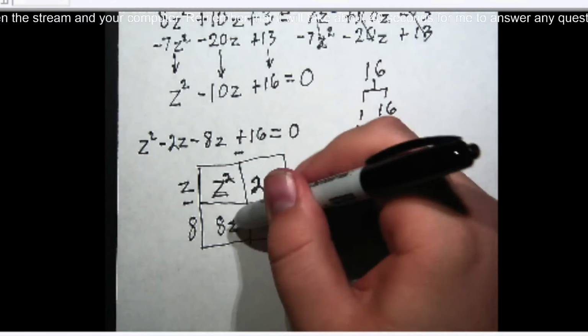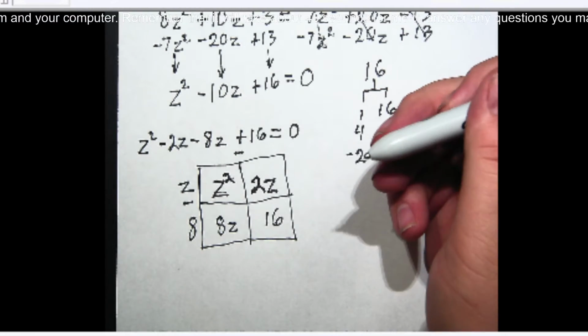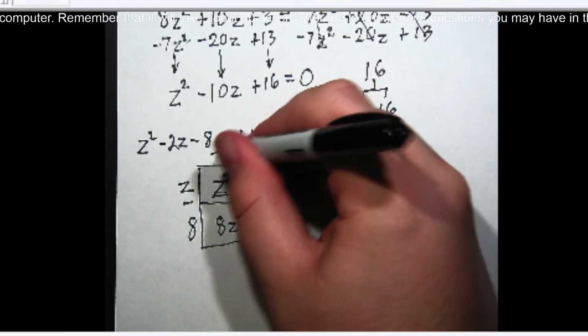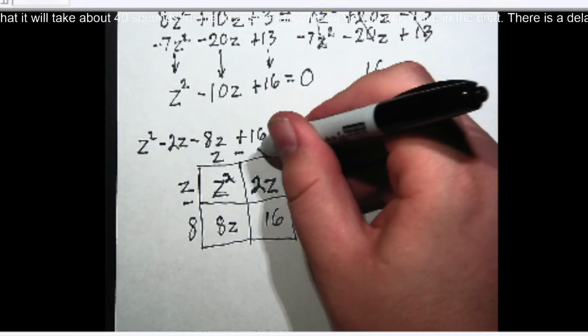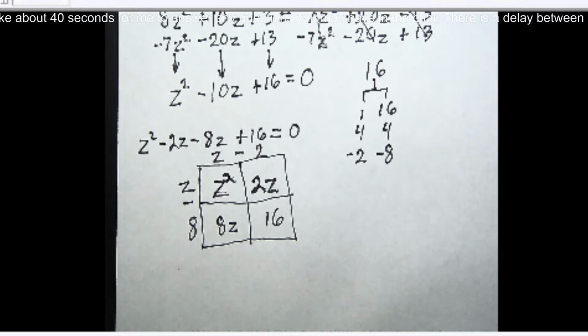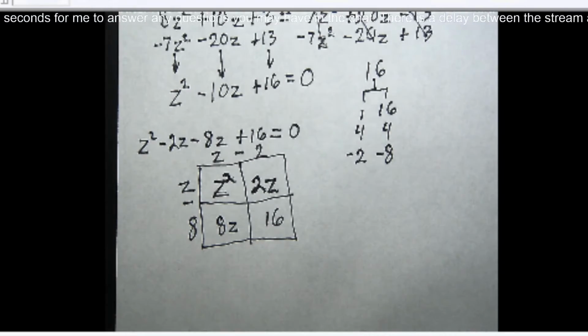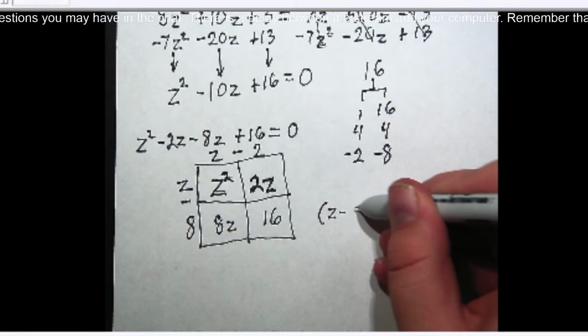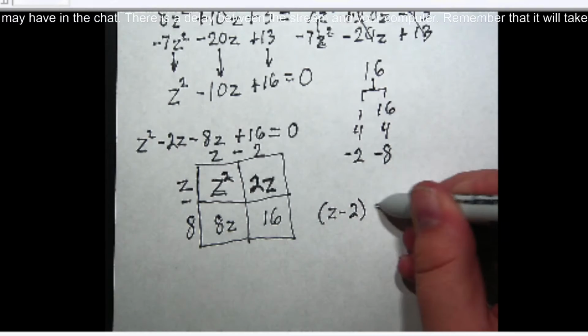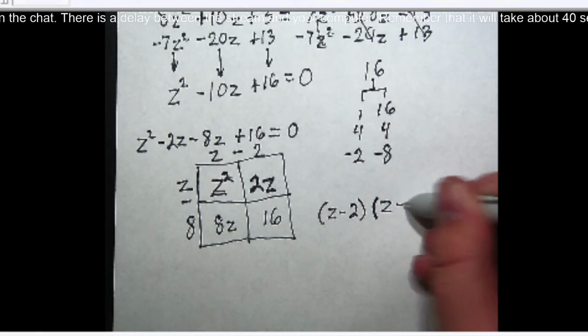Good. This column here, Z, and this column here, 2. Okay, so our two factors are Z minus 2 and Z minus 8.